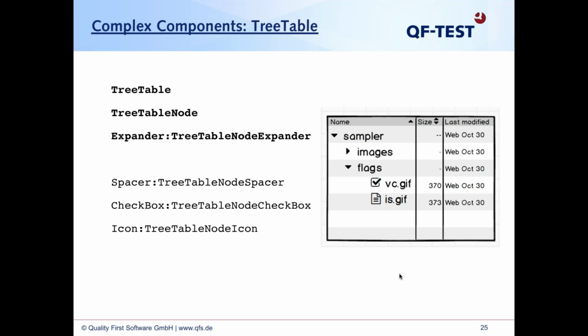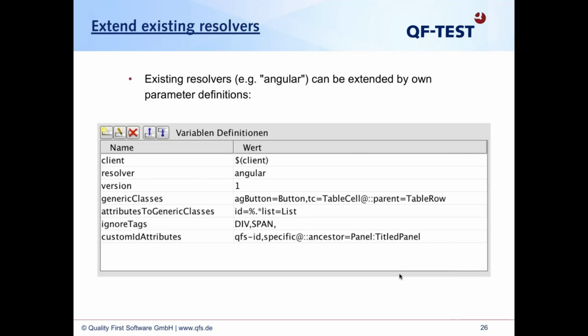But sometimes you say, okay, in fact, we have a web application which is, for example, written with an Angular framework, and I just want to tweak one parameter or two, and otherwise the default QF-Test Angular custom web resolver is fine. I don't want to redefine all the associations, all the assignments, just modify one a little bit. So this is all great. You don't have to start with a blank custom web resolver, but you can use an existing web resolver, for example here an Angular web resolver, and then just add specific parameters which are missing for your dedicated application.